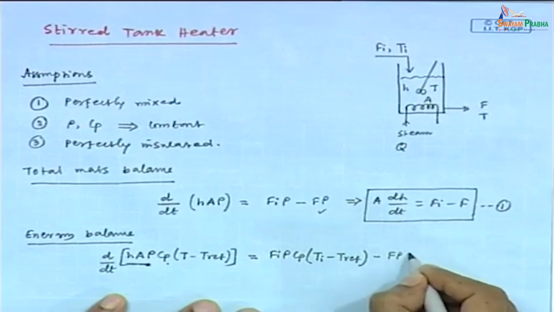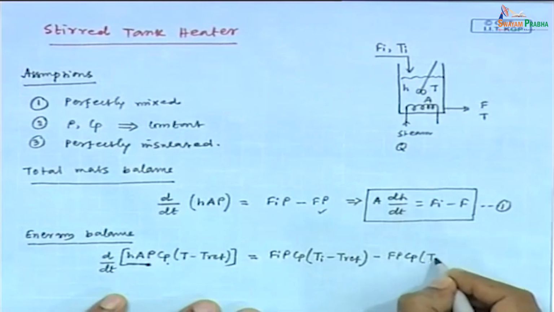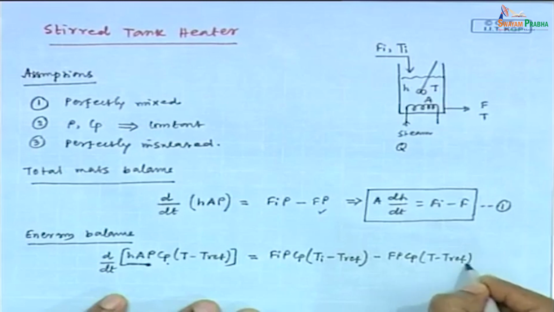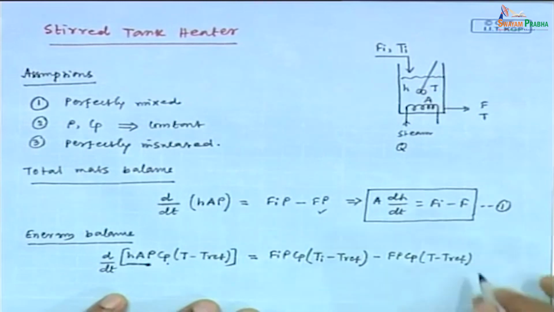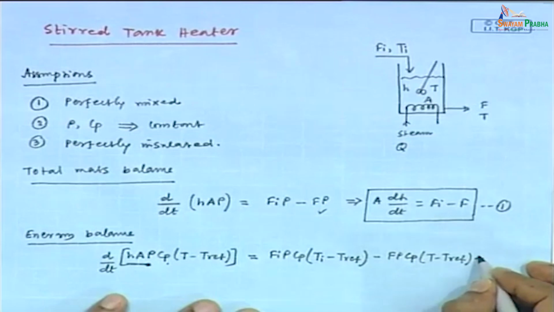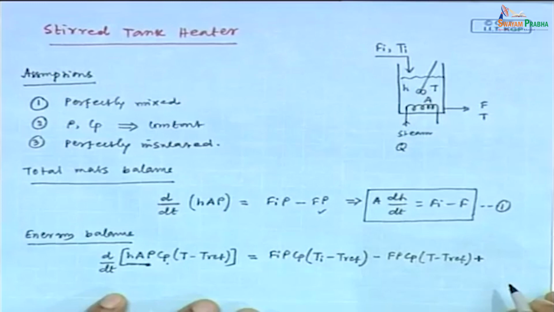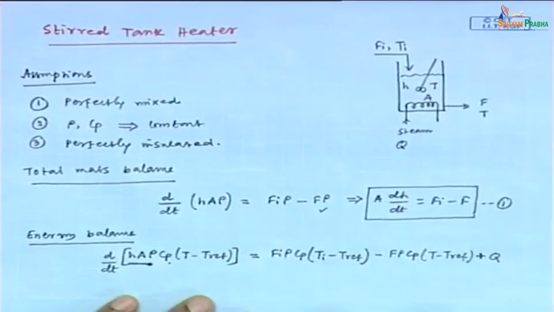F rho Cp T minus T reference. Fine. And another term is energy supplied by steam per unit time, that is Q.